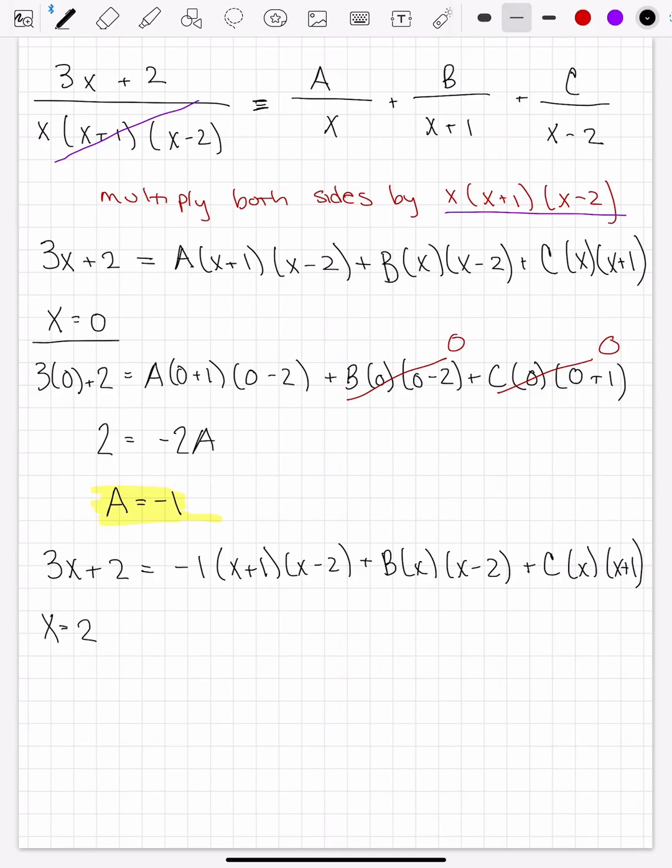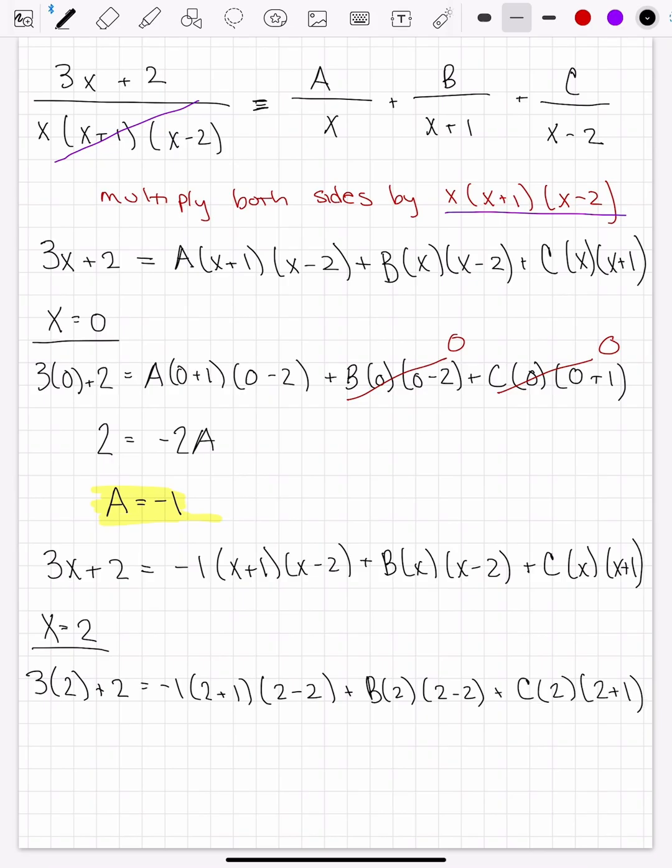X is 2. So that's going to become 3 times 2 plus 2 is negative 1 times 2 plus 1 times 2 minus 2, plus b times 2 times 2 minus 2, plus c times 2 times 2 plus 1. Right, and we know when we have 2 minus 2, that's 0.